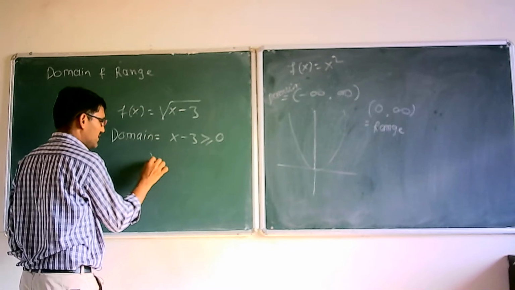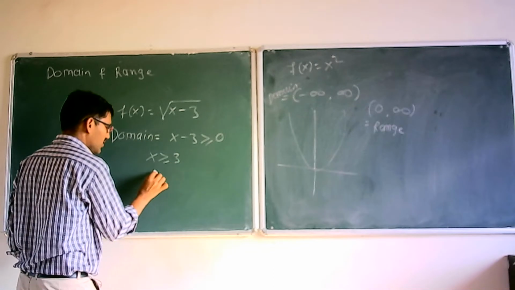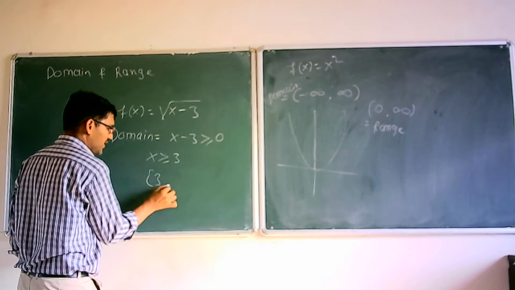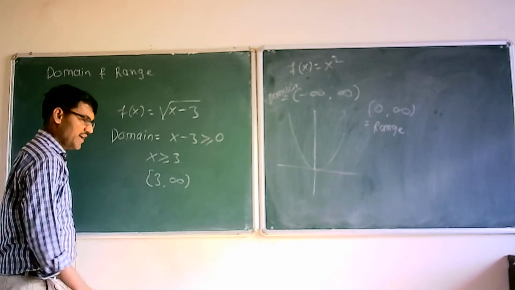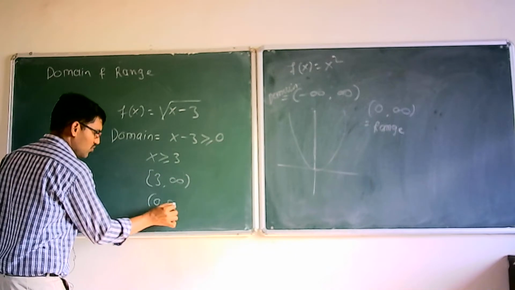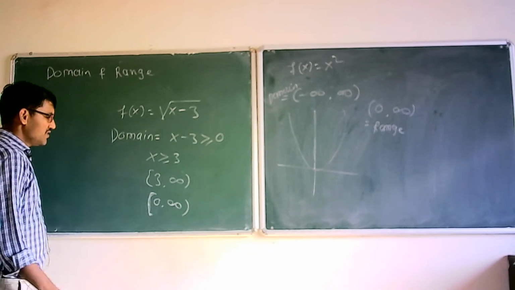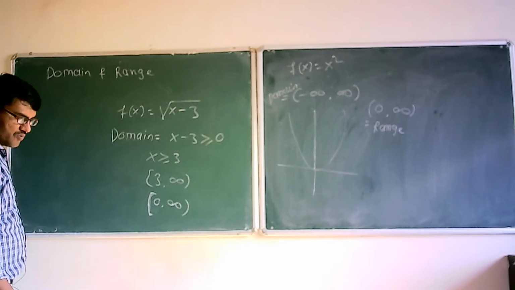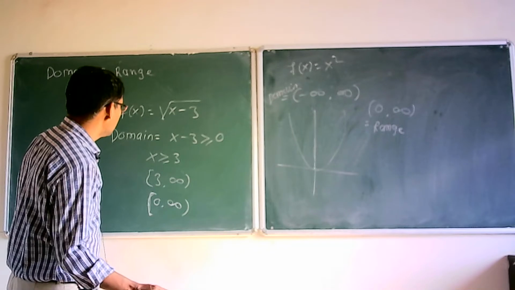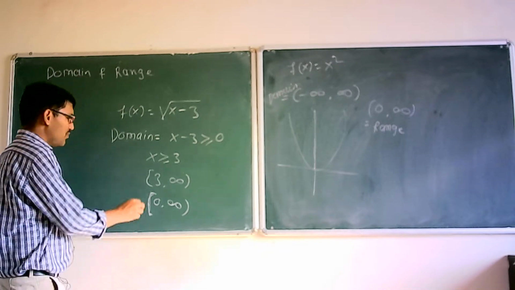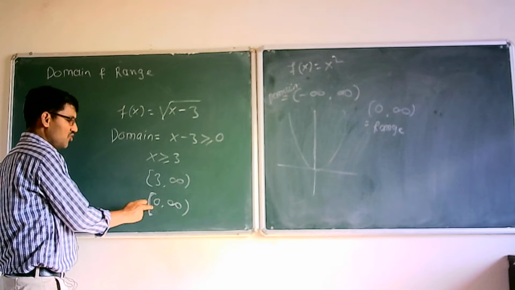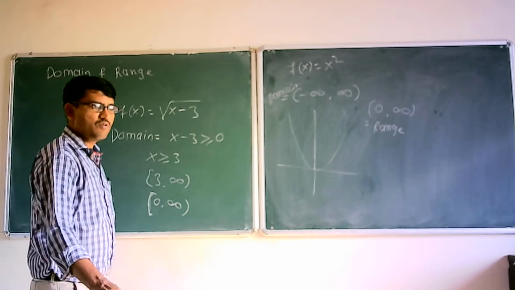So this implies x is greater than or equal to 3, so the domain is 3 to infinity. And its range is 0 to infinity. Is 0 there? Yes, 0 is there, for x equal to 3 it gives 0. So the range is 0 to infinity.